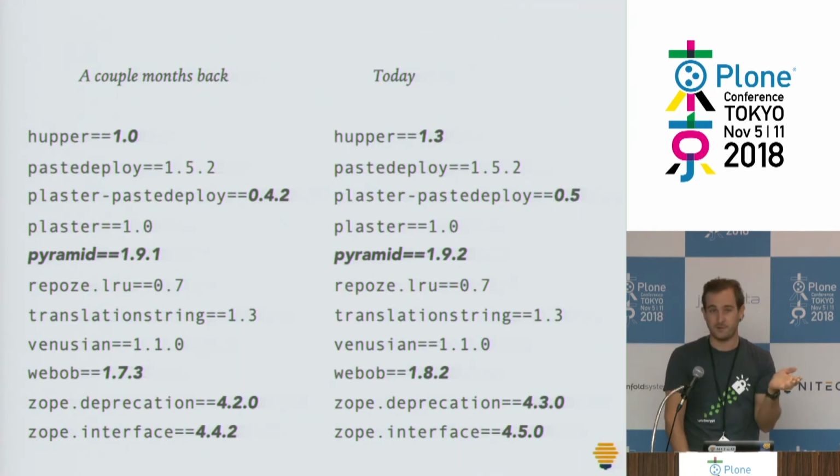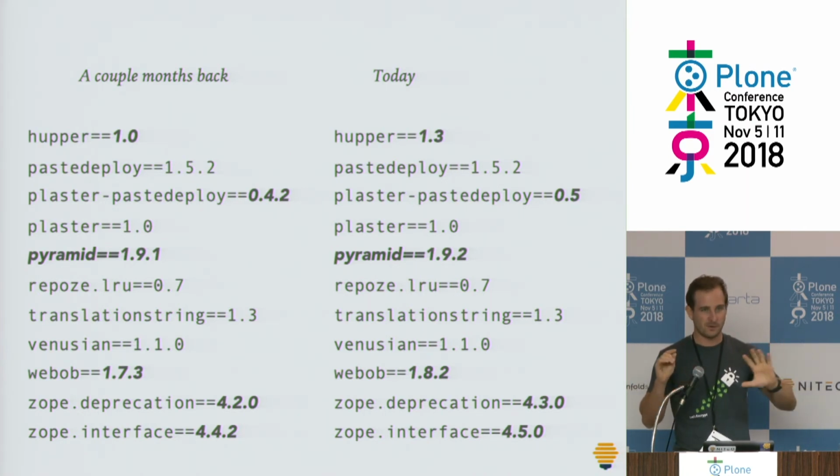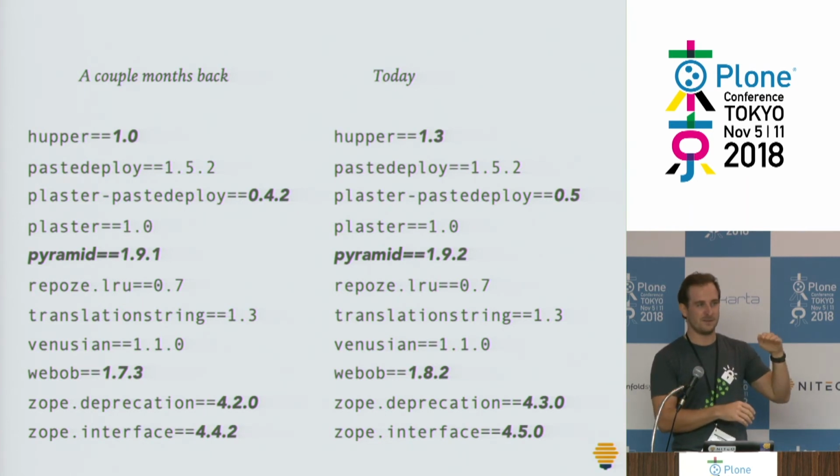We upgraded Pyramid to 1.9.2, but all the other dependencies also got upgraded, because our Pipfile only says our only dependency is Pyramid, with asterisk or whatever version, and anything else is not in our Pipfile. So anytime you run pipenv install, lock, update, whatever, pipenv is going to go in and upgrade all the dependencies of your dependencies, basically all dependencies, up to the latest limit that you specify.